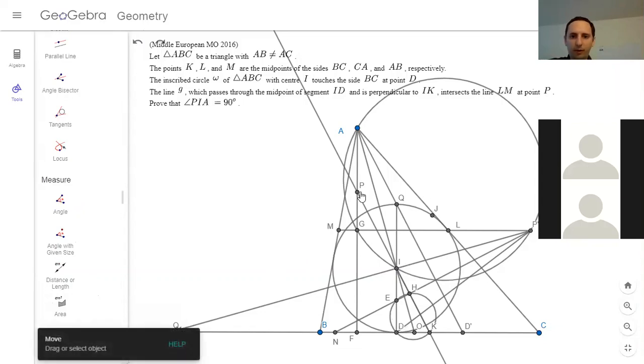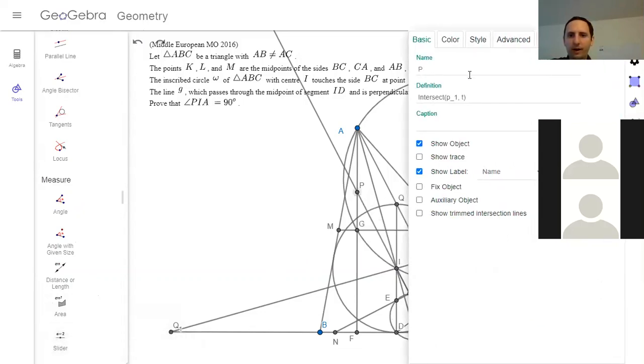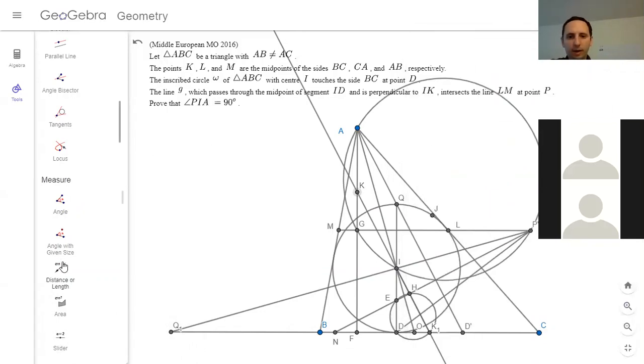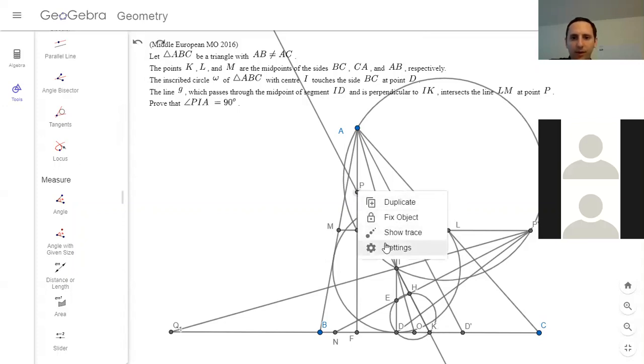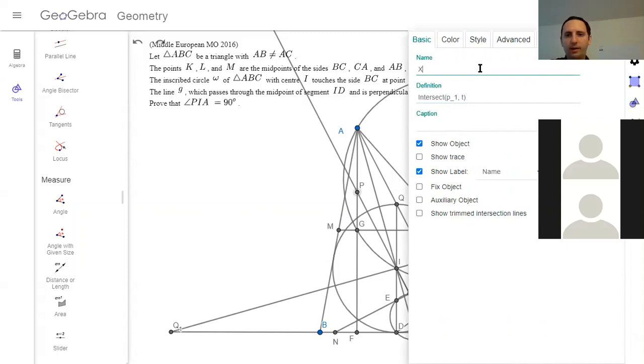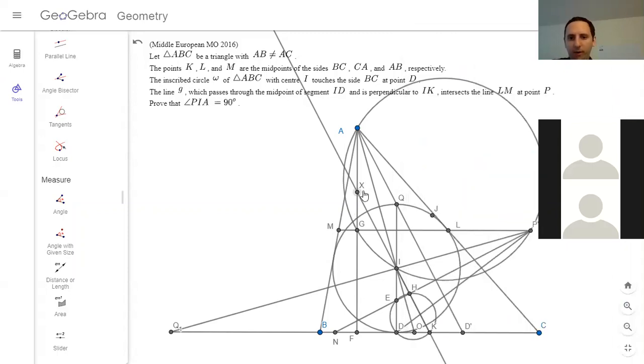So I'm going to call this point X, where IK meets the altitude. I wanted to call it X, not K. So call it X. And then we want to show XDD prime is similar to P prime ID.